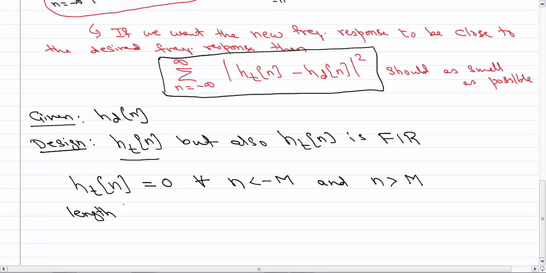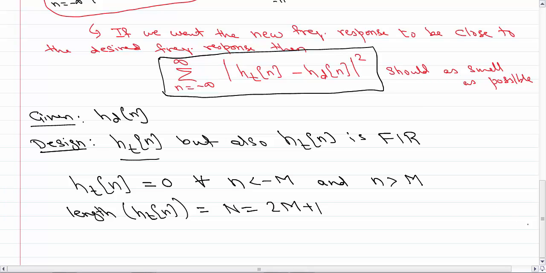So the length of h_t[n], which is equal to N, is 2M plus 1. Okay? So that's the constraint. We have a filter which is only length 2M plus 1. It goes from minus M to M. What should that filter be?